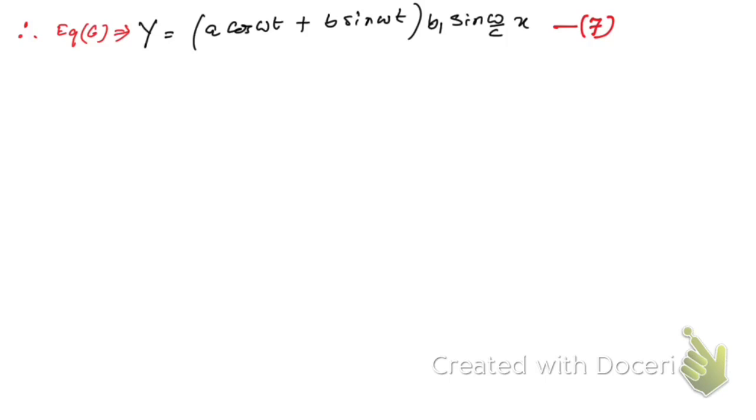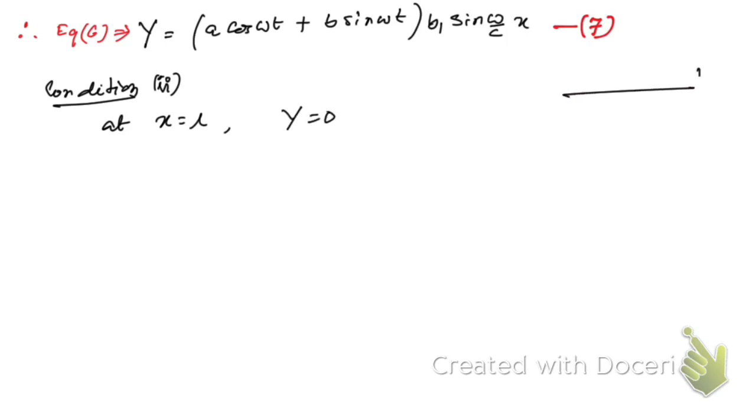Now you see there is one more condition number 2, that at x is equal to L, also capital Y is equal to 0, because this string is fixed at x is equal to 0 as well as x is equal to L. So that's why these 2 points cannot vibrate, right?